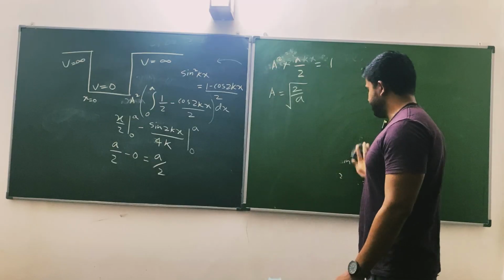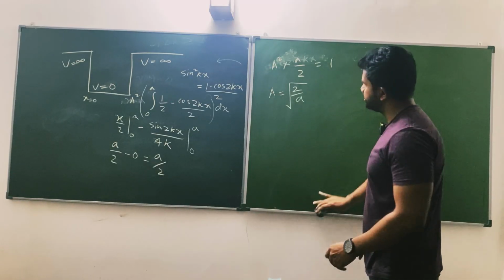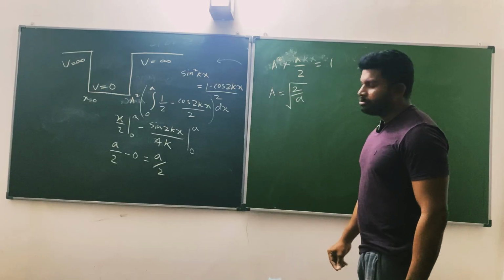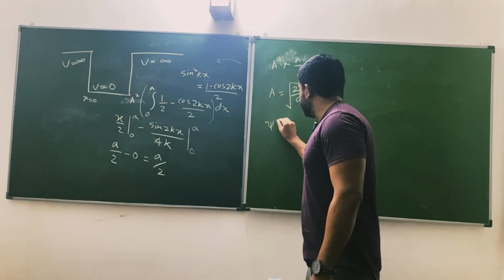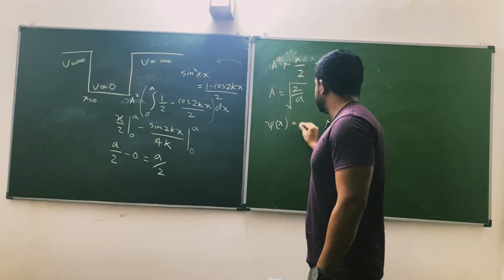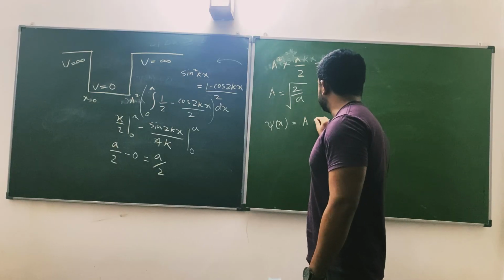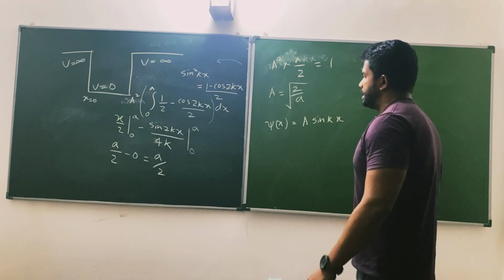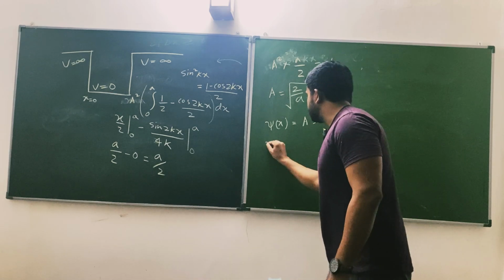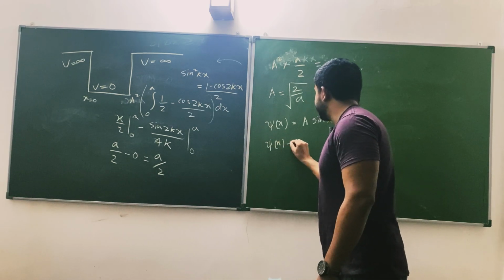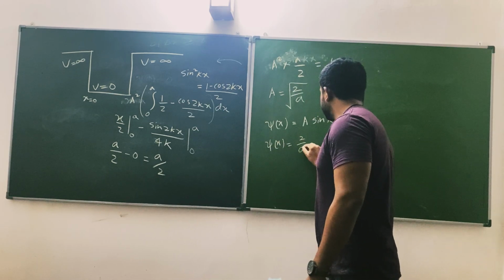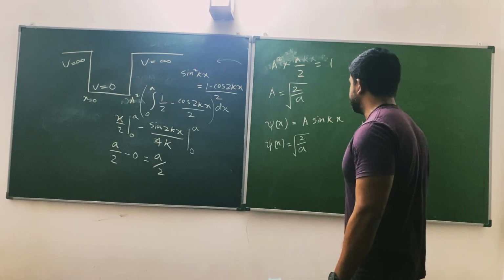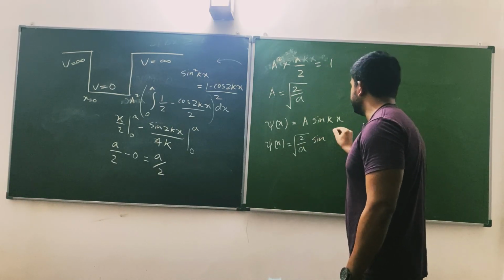It's about to wrap up this relationship, guys. It's over now, because I can say my phi x will be A sine kx, and now A is the square root of 2 over a, and I have previously found the sine, and we already know what k is.